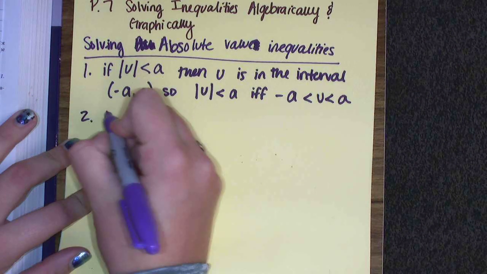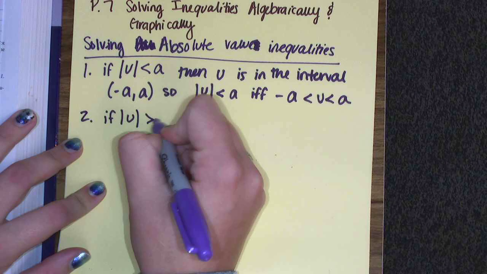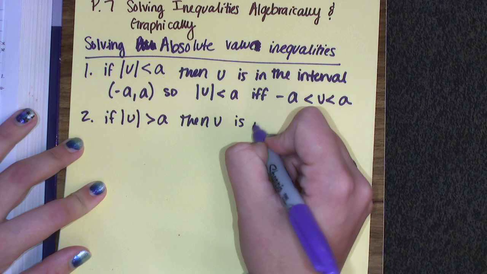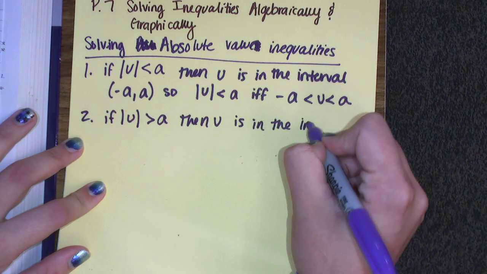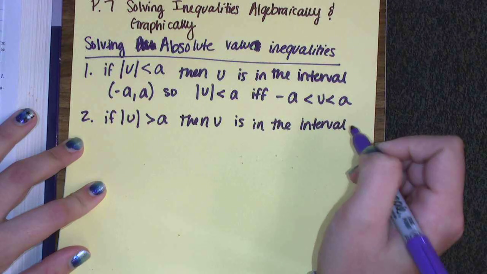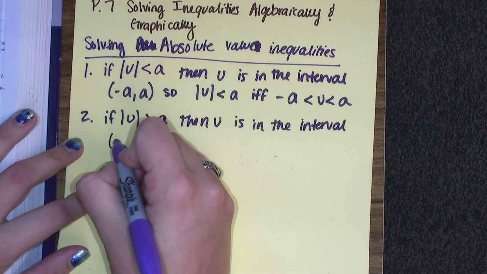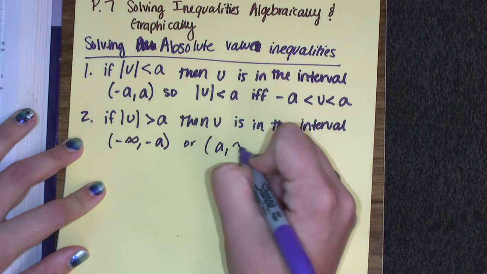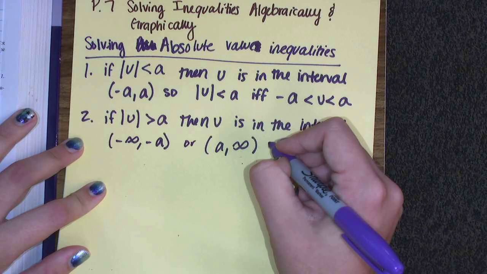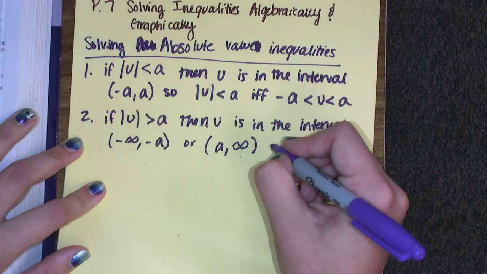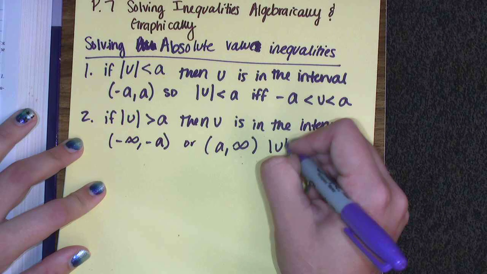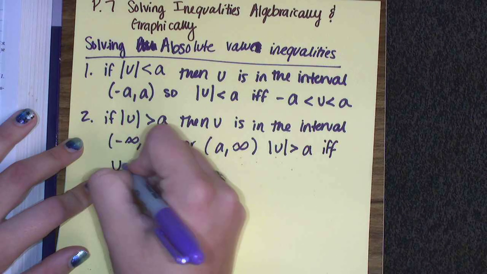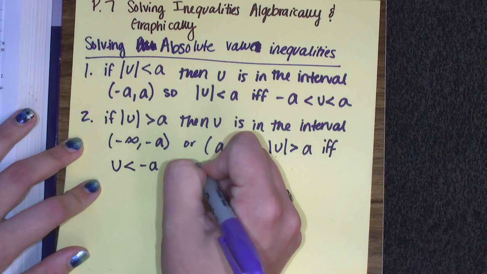And 2, if the absolute value of u is greater than a, then u is in the interval negative infinity to negative a, or a to infinity. So the absolute value of u is greater than a if and only if u is less than negative a or u is greater than a.